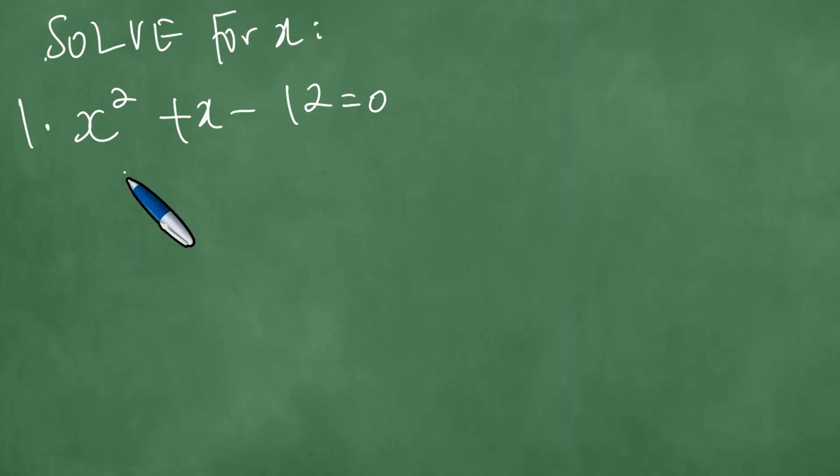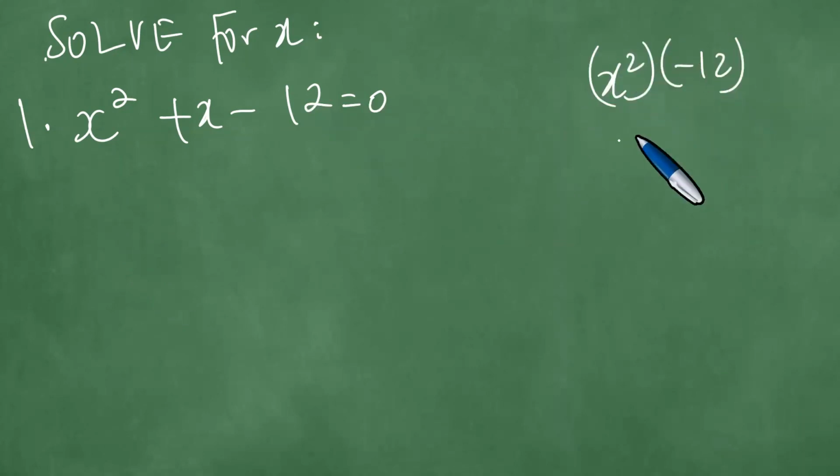To solve this, we first multiply x squared and minus 12, which is minus 12x squared. Look for the factors of minus 12x squared that give x when added.